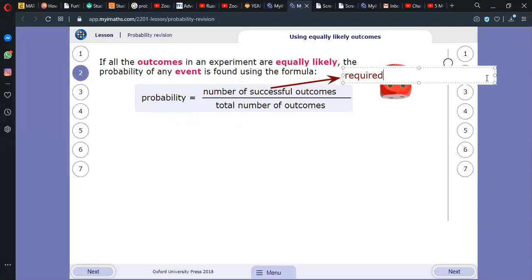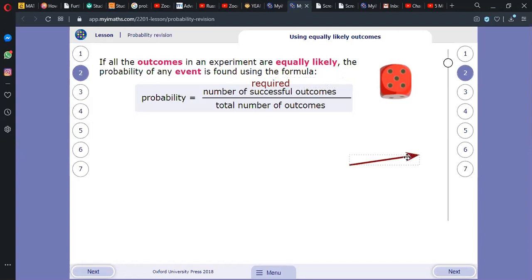And required in the sense that that is what the question is requiring us to find its probability. So if you want to put it that way, I can put it on top of successful to show that that is another word for successful.